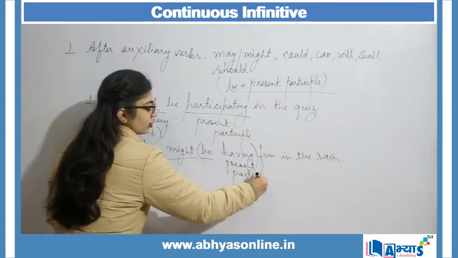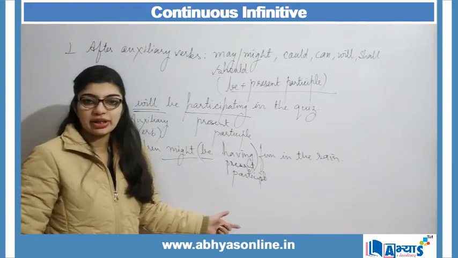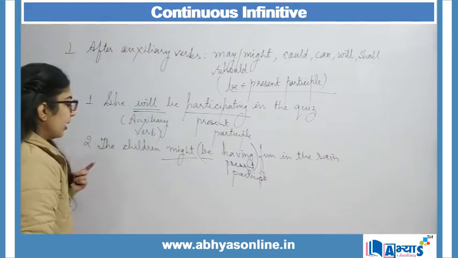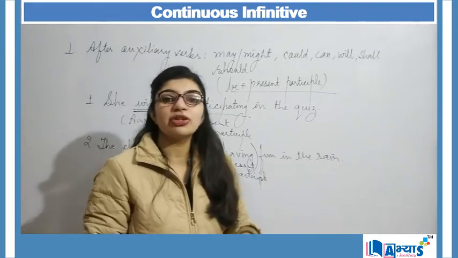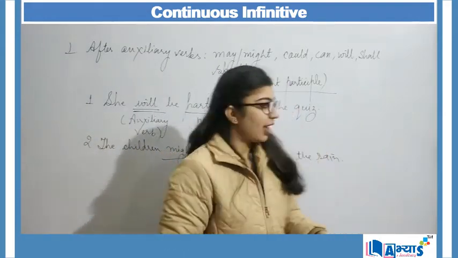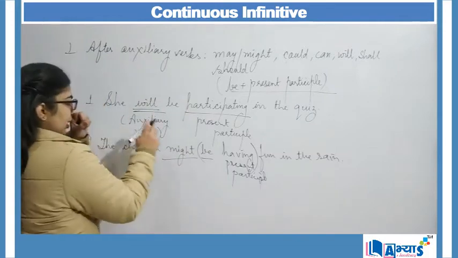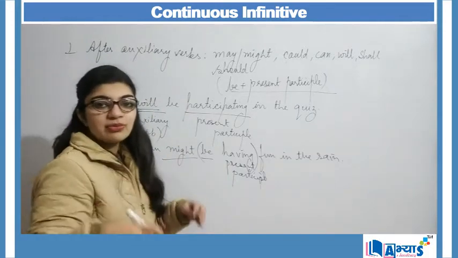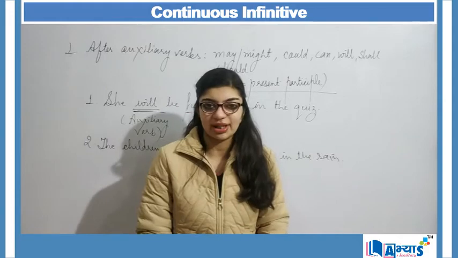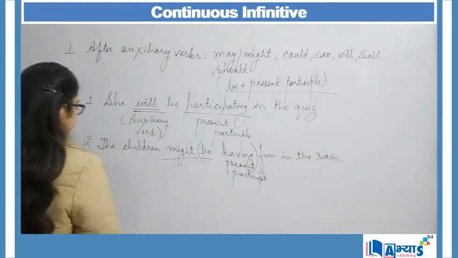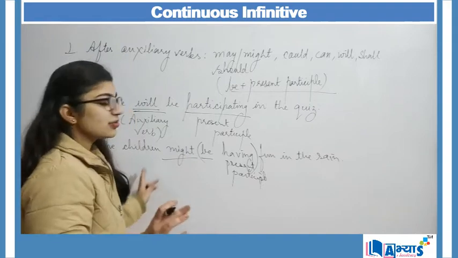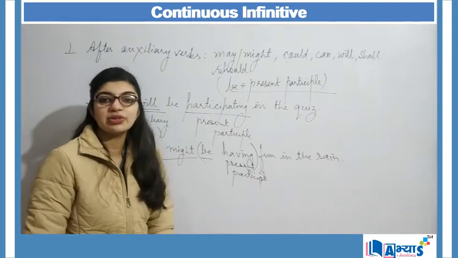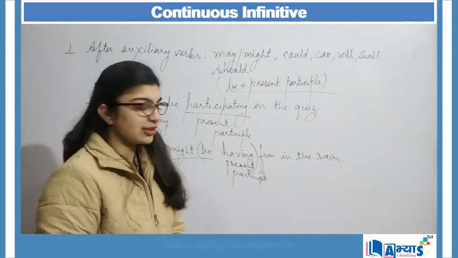This again shows an example of continuous infinitive. Why? Because when I'm talking right now, at the same point of time the children are having fun. Similarly, when I say she will be participating in the quiz, maybe she is participating in the quiz while I'm talking. So this is something which is continuous in motion. That's why these two are examples of continuous infinitive.